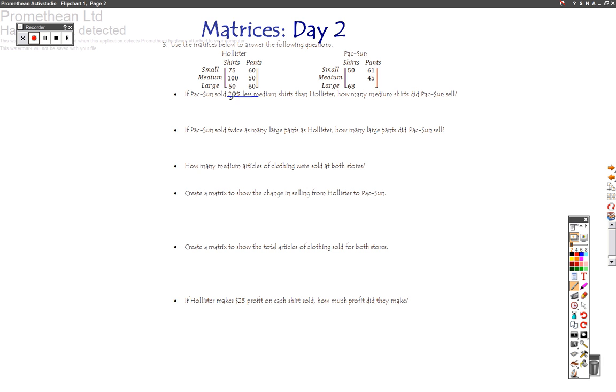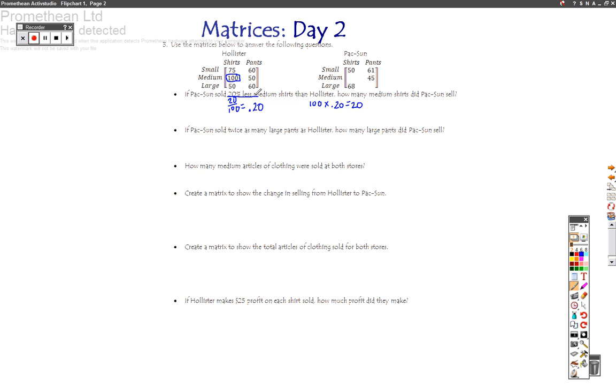So 20%, you do 20 over 100. And that gives me 0.20. That tells me the number that I'm going to multiply by. So medium shirts, Hollister, I'm looking at 100. So I'm going to do 100 times 0.20, and that gives me 20.